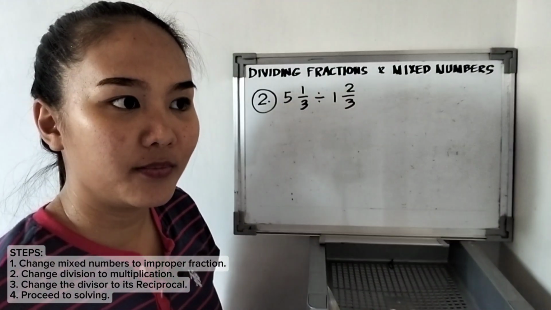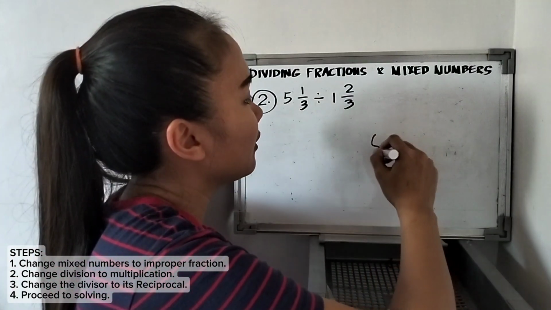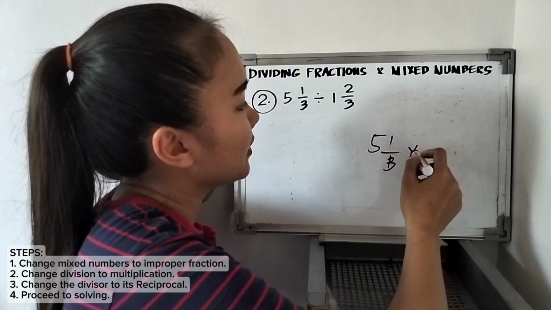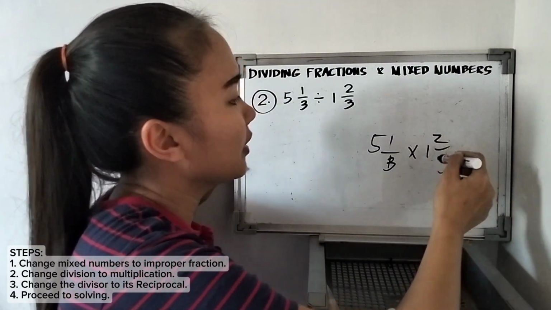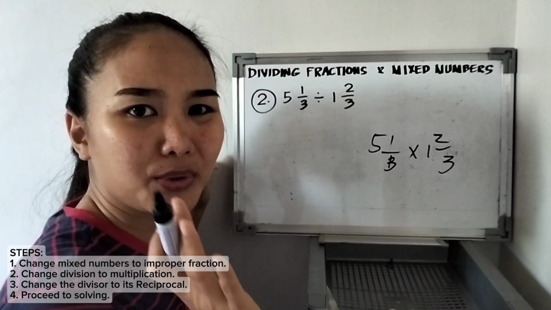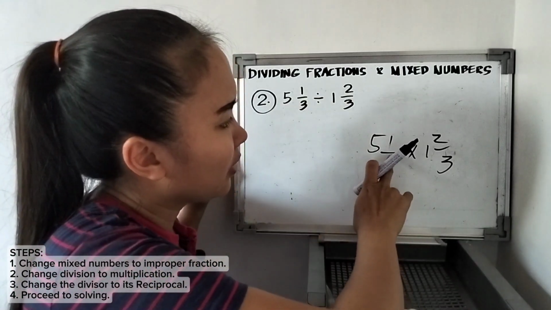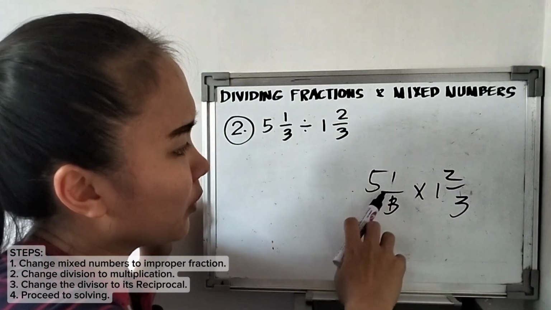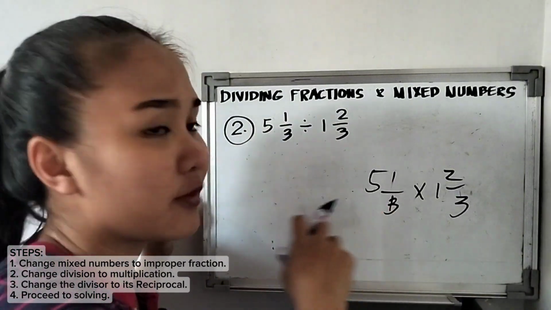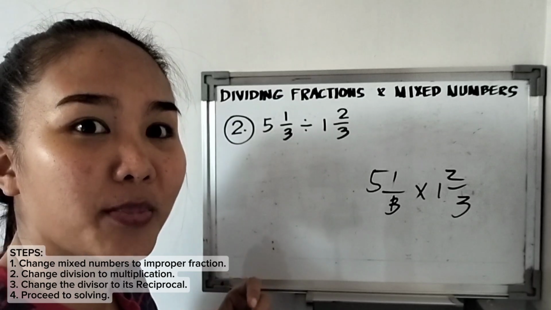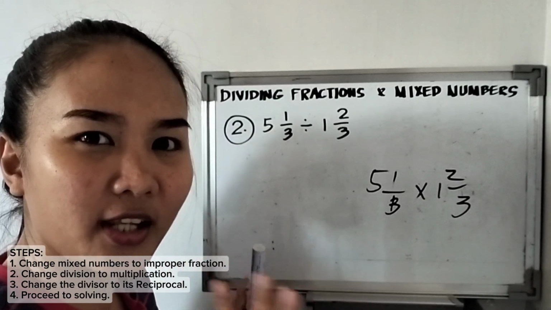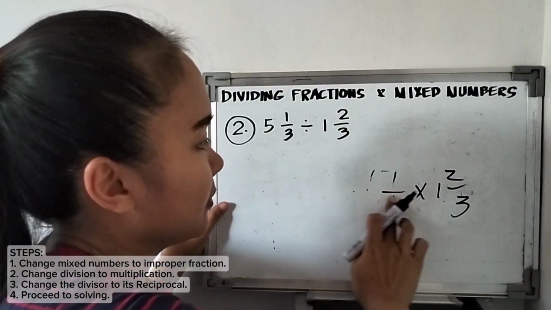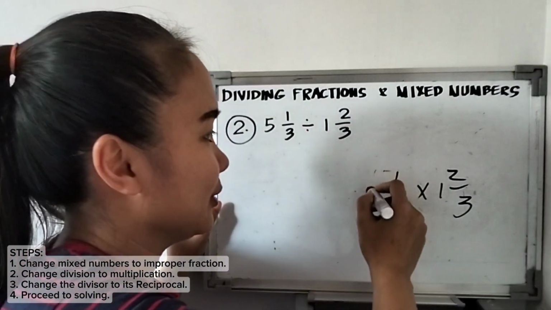Say, for example, instead of writing 5 over 1/3 times 1 2/3, it will make your work messy. Is the number 1 or 3? Is this 5 1/3 or 51 over 3? You have to make your penmanship neat, arranged and aligned, because one mistake in math will make the equation wrong. So let's be neat.